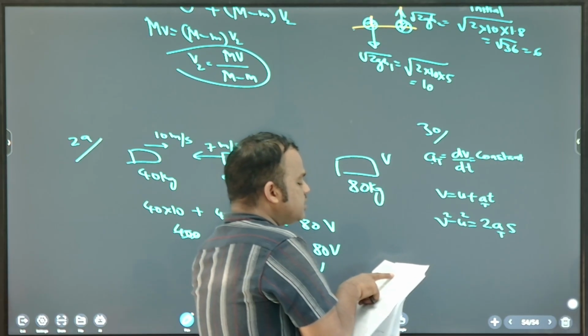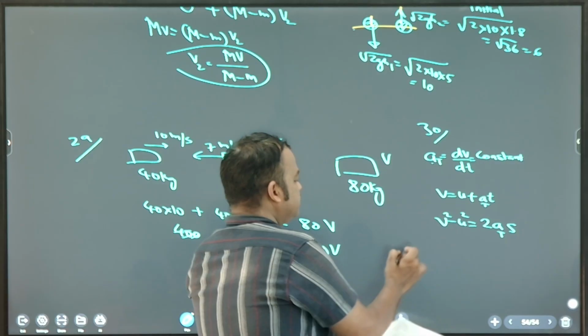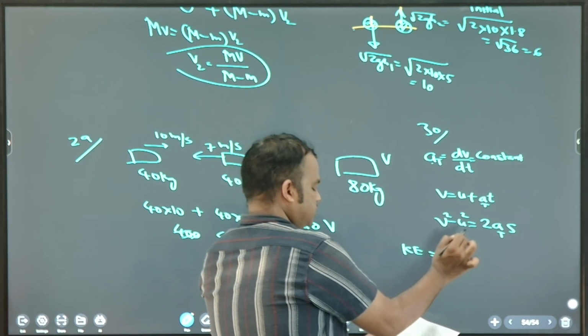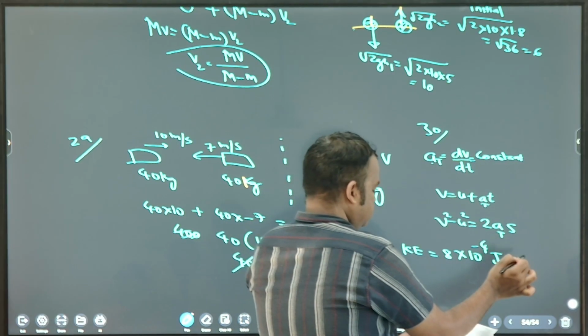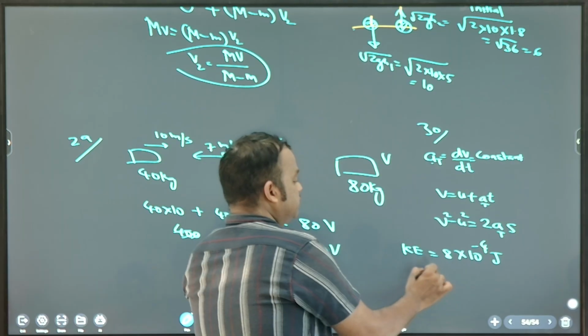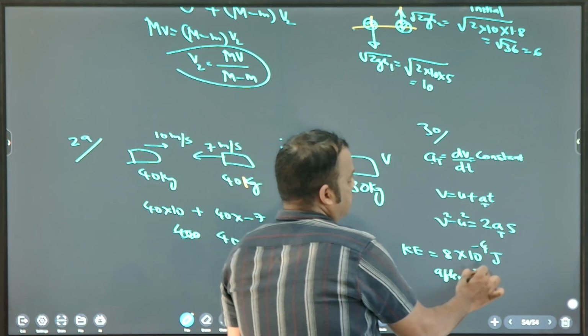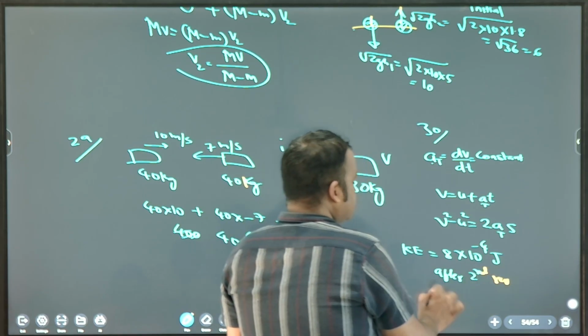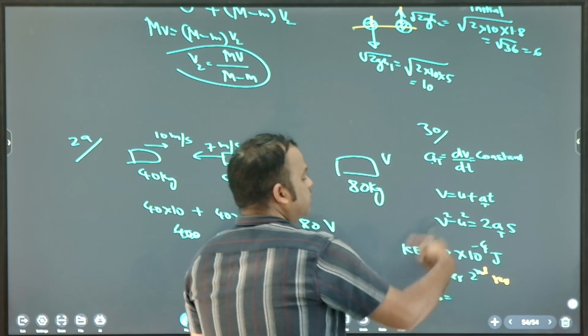The magnitude of acceleration, if the kinetic energy becomes 8 into 10 raised to minus 4 joule after the second revolution. After the second revolution means what is the total distance? 1 round, 2 round. What is the total distance? 2 pi r, 2 pi r.